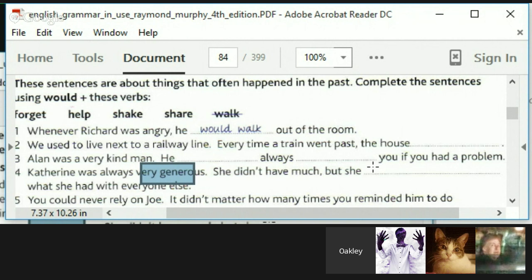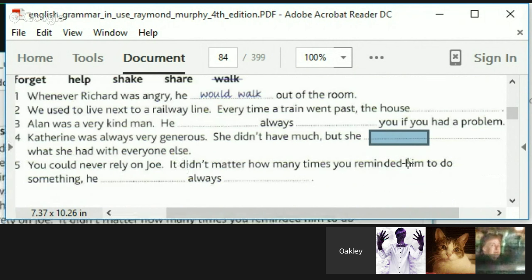It's very common to phrase it that way. This would sound better to me if it said, but she would always share what she had with everyone else. There's nothing grammatical about it. It's just common to talk about personalities. Oh, he would always, I hated working with Bob. He would always complain every day. Talking about personality, I think that's just a common construction.